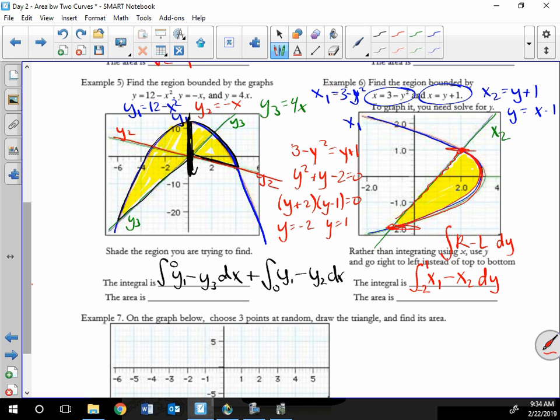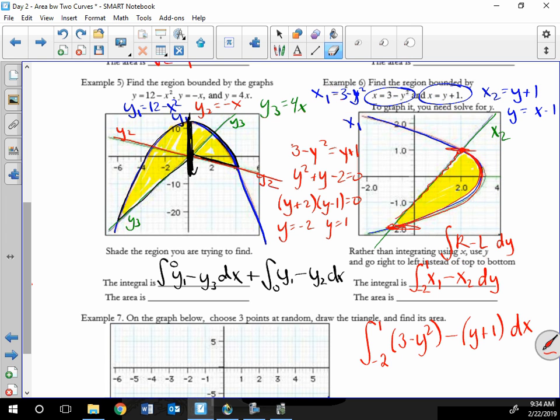So when I go to do this by hand, my integral will be negative 2 to 1. My x sub 1 equation was 3 minus y squared. And my x sub 2 equation was y plus 1. Again, always make sure that you put parentheses around it, because then we'd have to distribute out the negative. But this would be a lot easier to integrate rather than doing the square root here. So notice, oh my goodness, we should say dy, we're doing everything in terms of y.